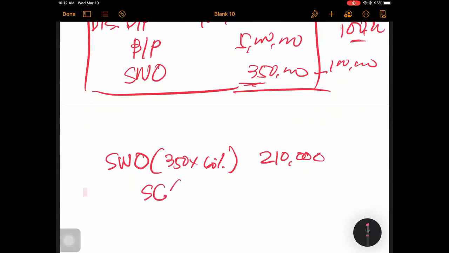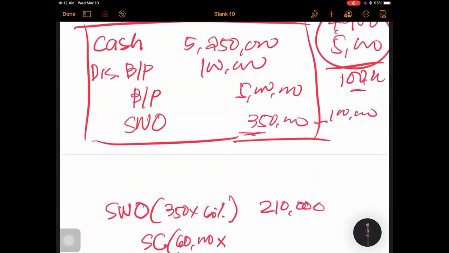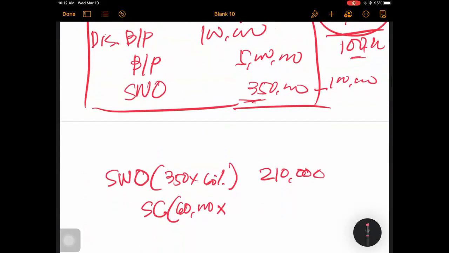How many shares were exercised? 60,000 shares times the par value. The par value of the share is 50 pesos. So that's 60,000 times 50, which is 3 million.